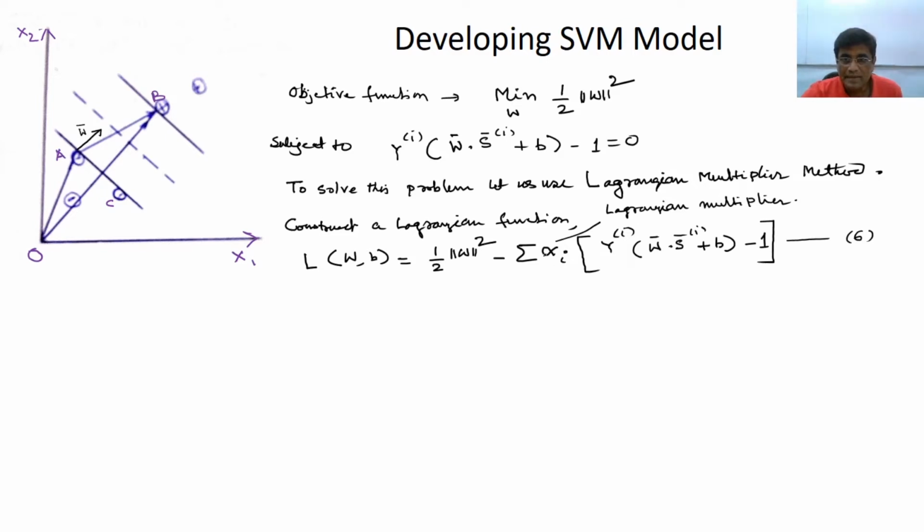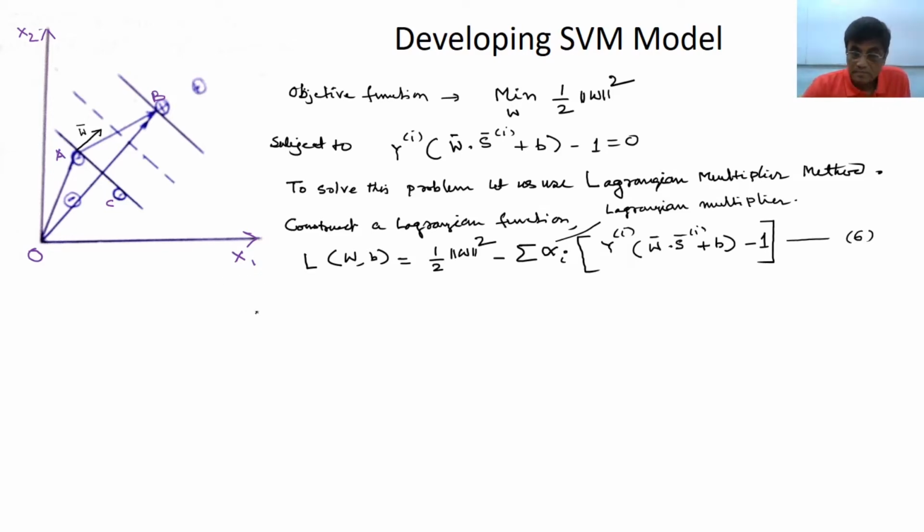So by multiplying it by some constant, did I do anything? No, I have just written my objective function. This is again 0. But I will accomplish many things by adding the constraint equation to my objective function with this Lagrangian multiplier.